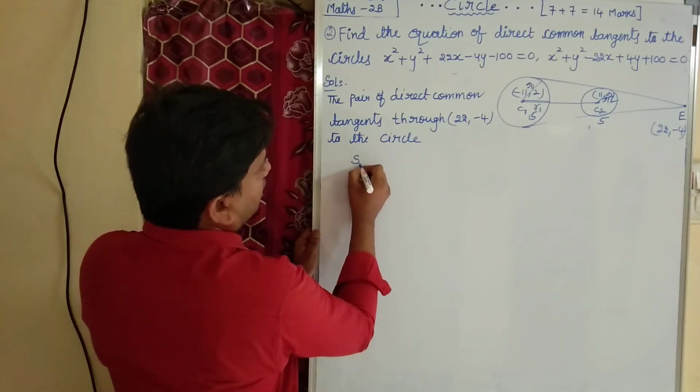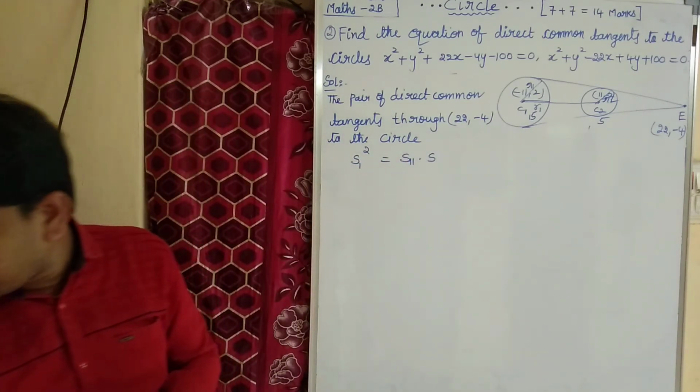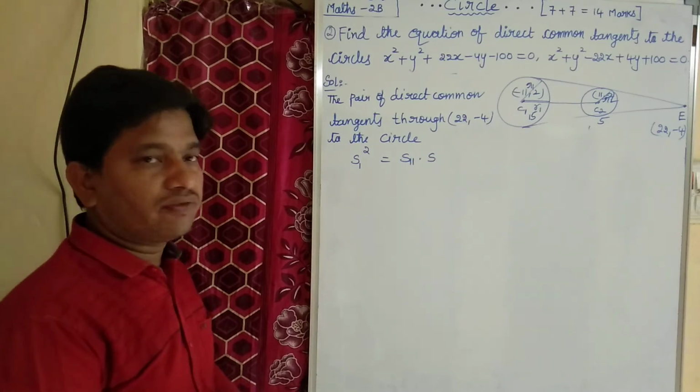That is S1 square equal to S11 into S. What is the formula? S1 square equal to S11 into S.